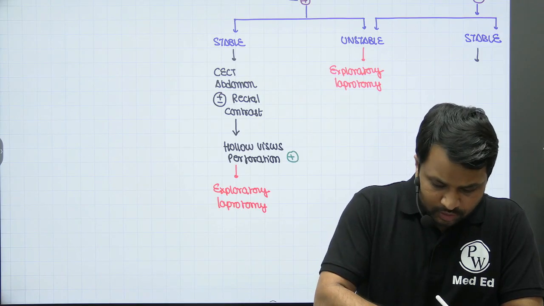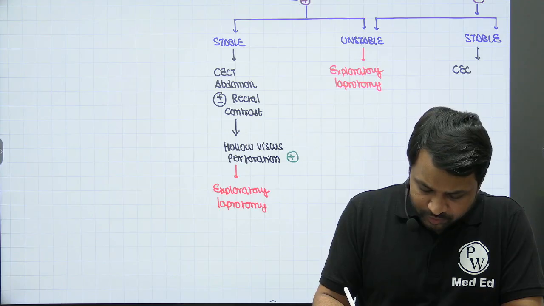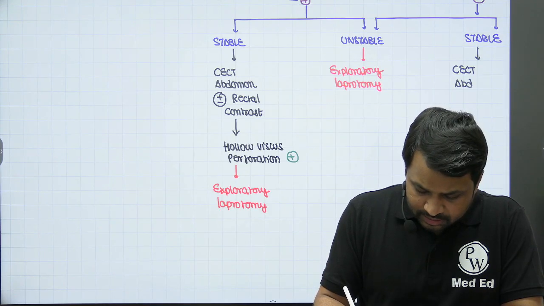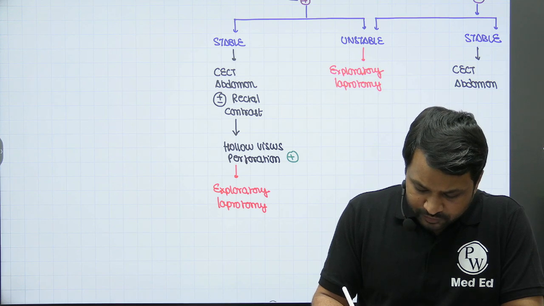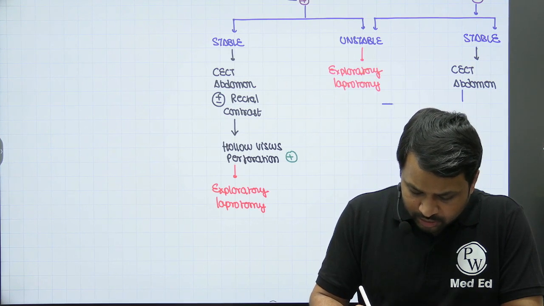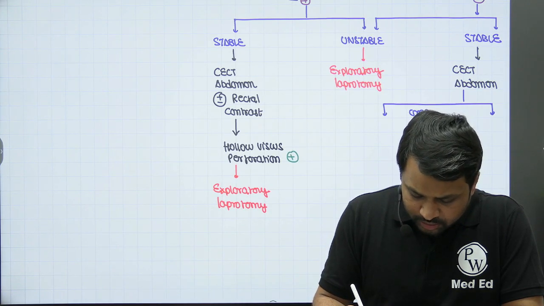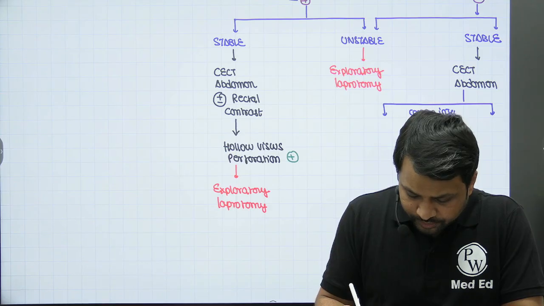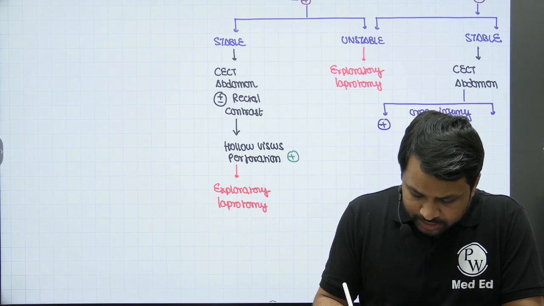Here we will perform a CCT abdomen. In the CCT abdomen, you are looking for any associated organ injury, right? You see if the organ injury is present or absent.